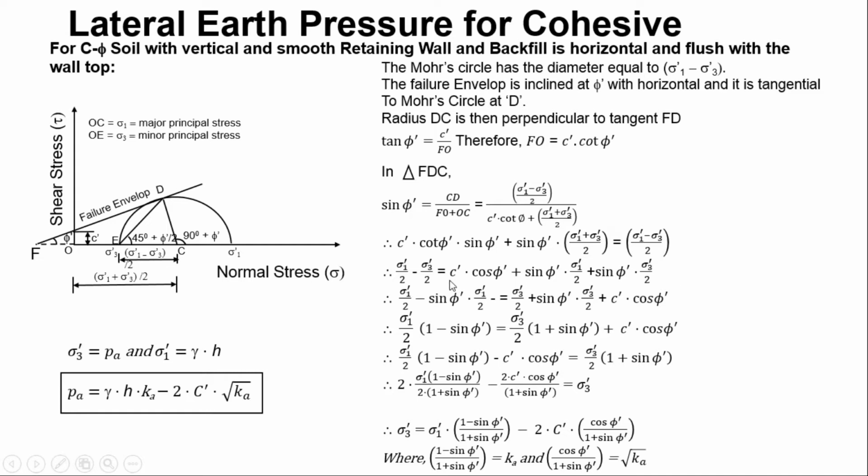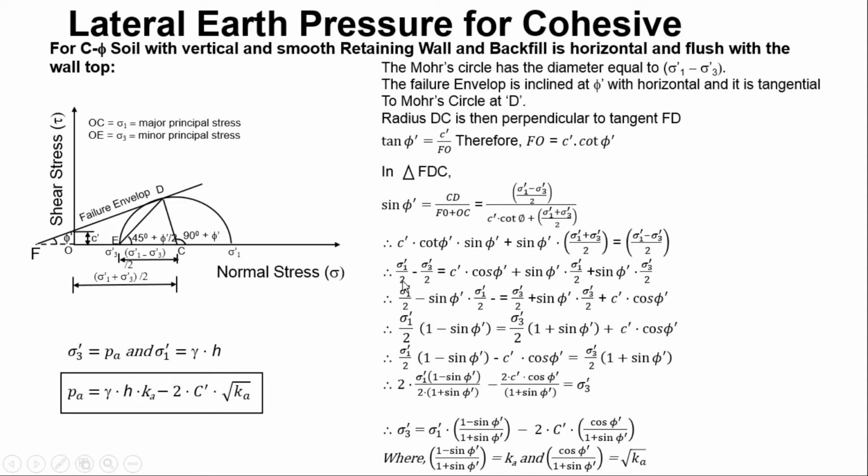Now if we open the brackets, then sigma 1 dash divided by 2 minus sigma 3 dash divided by 2 is equal to c dash cot phi into sin phi, which is c dash cos phi, plus sin phi dash into sigma 1 dash by 2 plus sin phi dash into sigma 3 dash by 2. Now we will bring the terms of sigma 1 together and sigma 3 together.